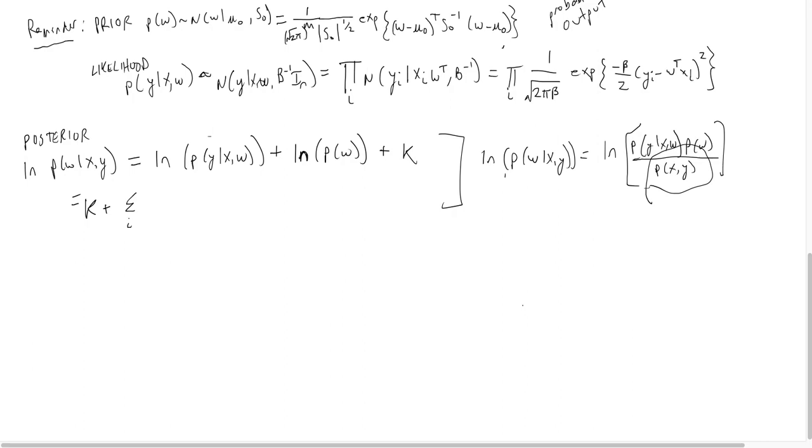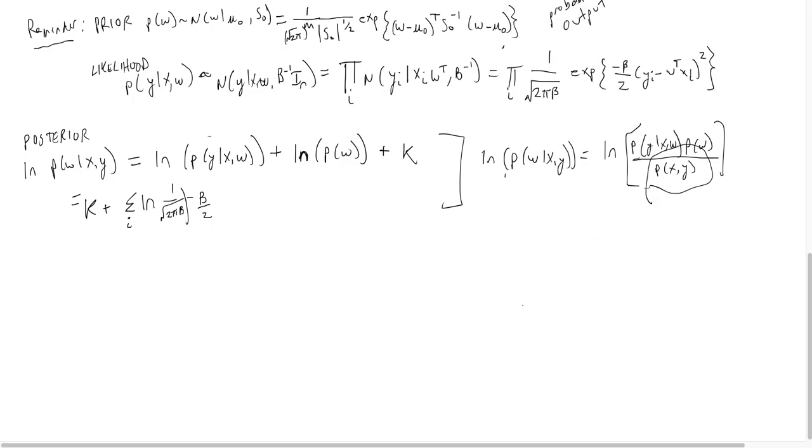And now let's be a little bit more explicit about what we have here. So this is the ln of 1 over 2 pi beta, just expanding this likelihood term, minus beta over 2.